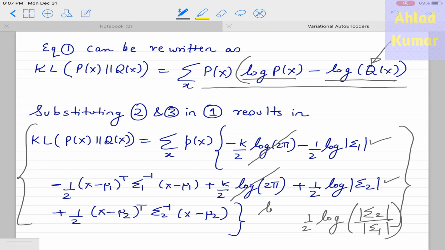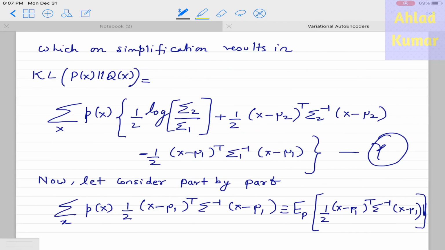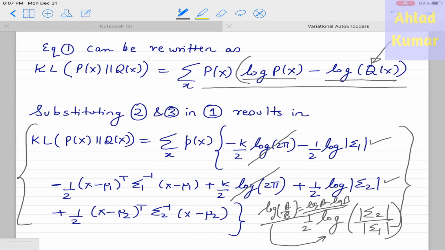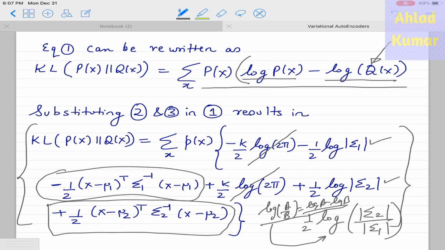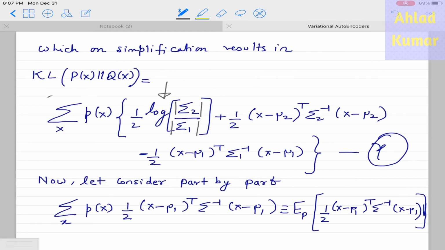Because log a divided by b is log of a minus log of b. So I am using this identity and writing in this form. This is the very first term we obtain over here. Please mind that these are determinants. The second term I am writing as such, and this term also I am writing as such. So the result is this expression.